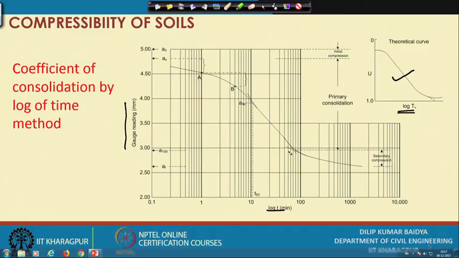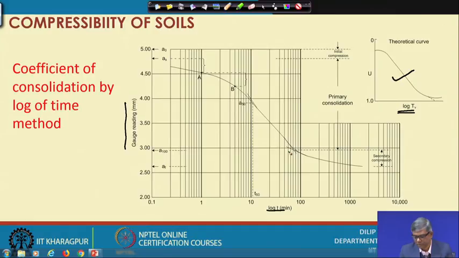This is a separate topic I will discuss later on, but before the start of secondary consolidation, that means the end of primary consolidation. So, how do we locate that? You can see that there is a point of inflection where the curve changes, and towards the end it becomes straight.